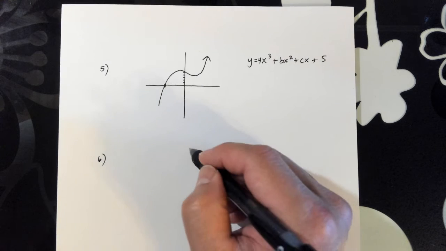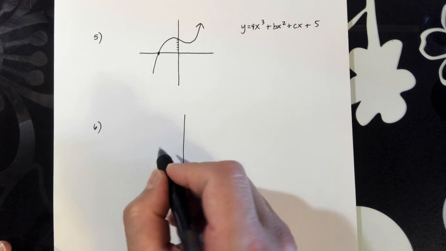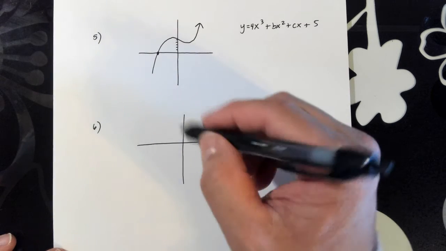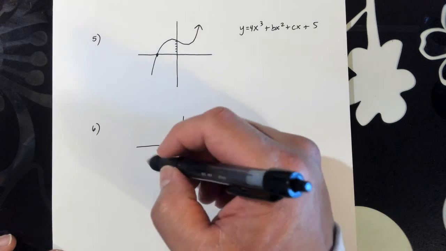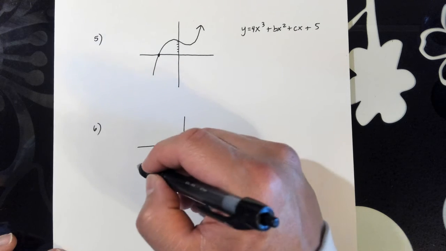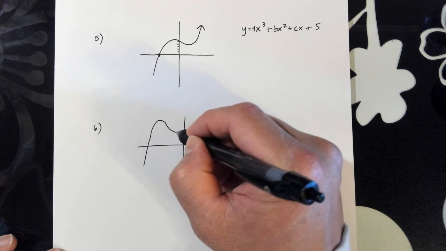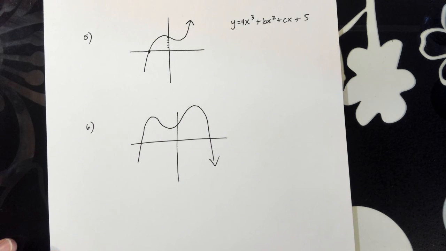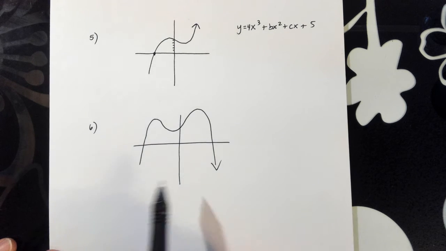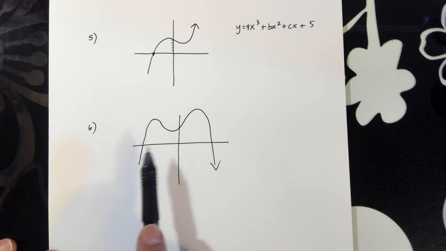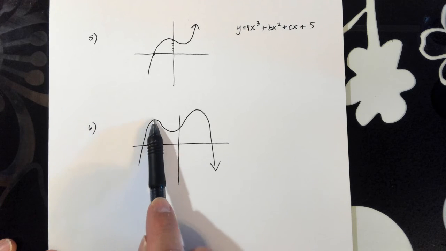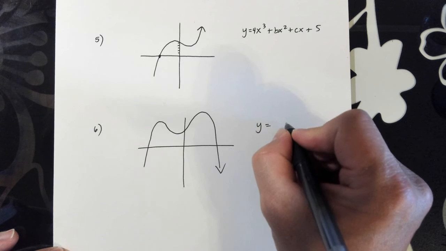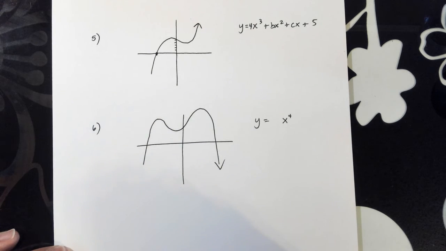One more example. Again, the purpose of this example is to show you don't necessarily count the actual x-intercepts. That's not always going to give you the correct information. So, based on not the number of x-intercepts, but the number of turns, 3 turns, it must be a quartic function.